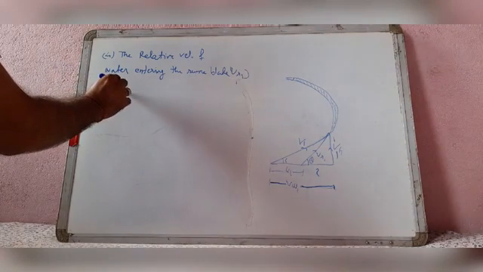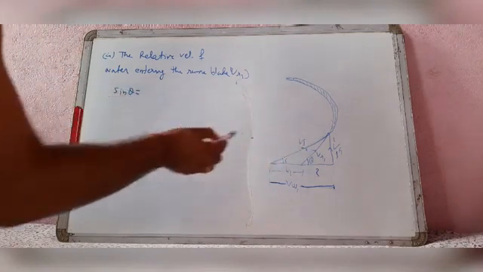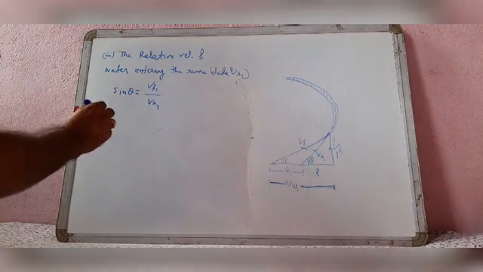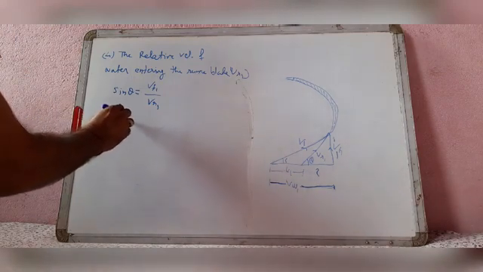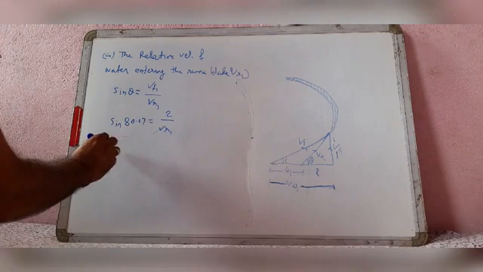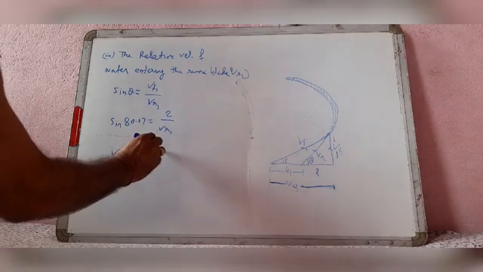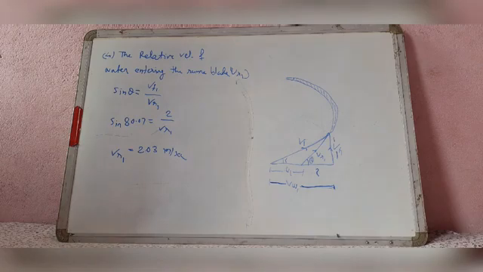Here sin theta equal to VF1 by VR1. That is sin 80.07 equal to 2 by VR1. So VR1 equal to 2.03 meters per second.